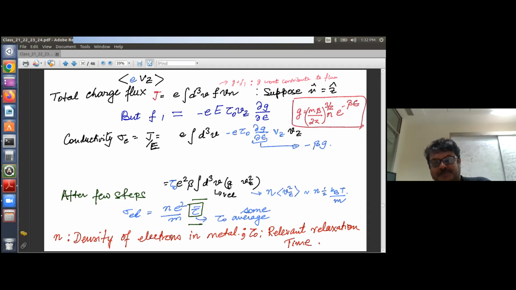But G, the distribution, the equilibrium distribution function, into Vz square over all velocities is nothing but the mean Vz square, right?